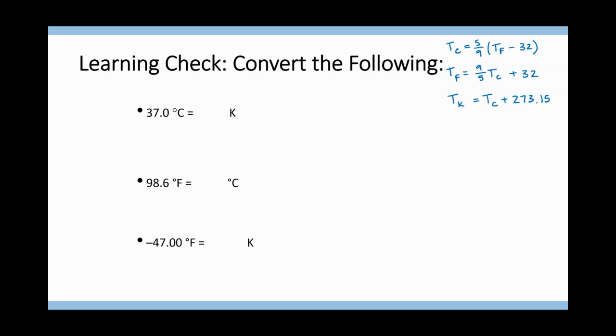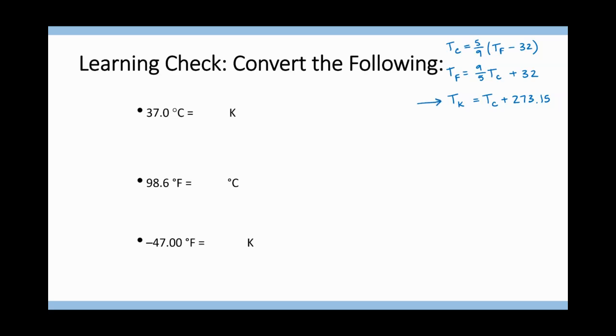For this slide, and this is what I did in the 9 a.m. class, I will explain the process but not actually work out the calculations. If that's something that you would benefit from practicing, you should certainly practice that. We're given Celsius and we're converting to Kelvin, so we use this third equation.